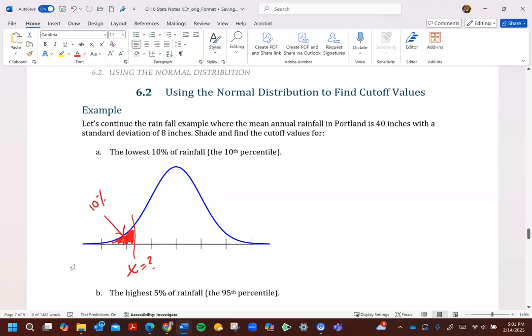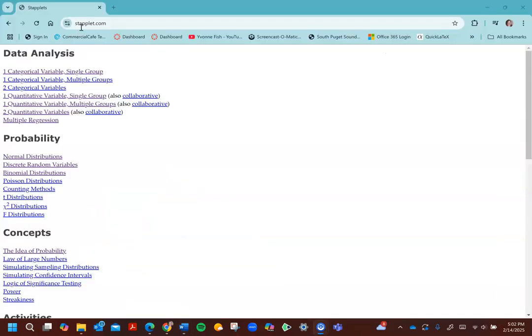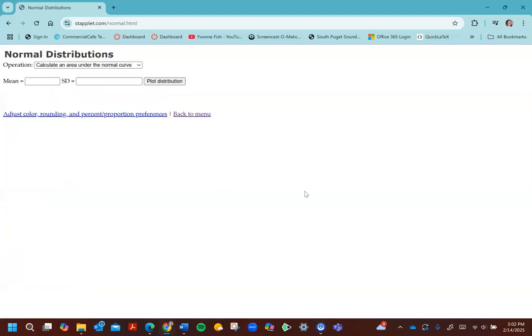So if we go into Staplet, we're going to go to staplet.com and then probability, normal distributions. And instead of calculating area under the normal curve in the drop-down menu, we're going to choose calculate a value corresponding to an area.